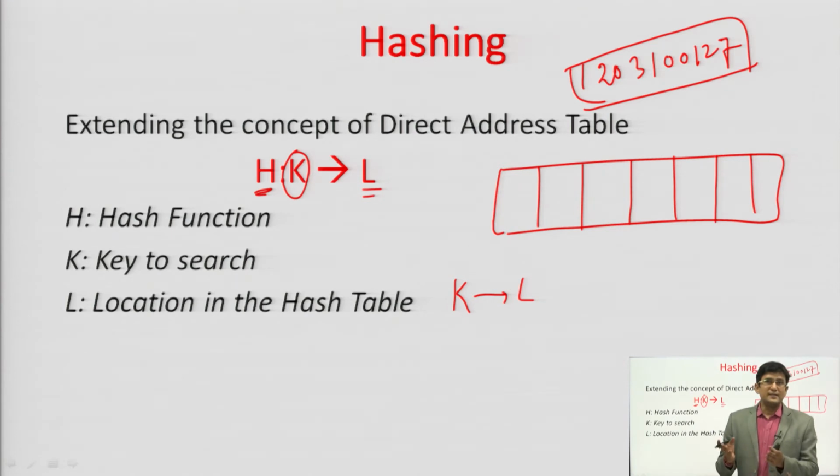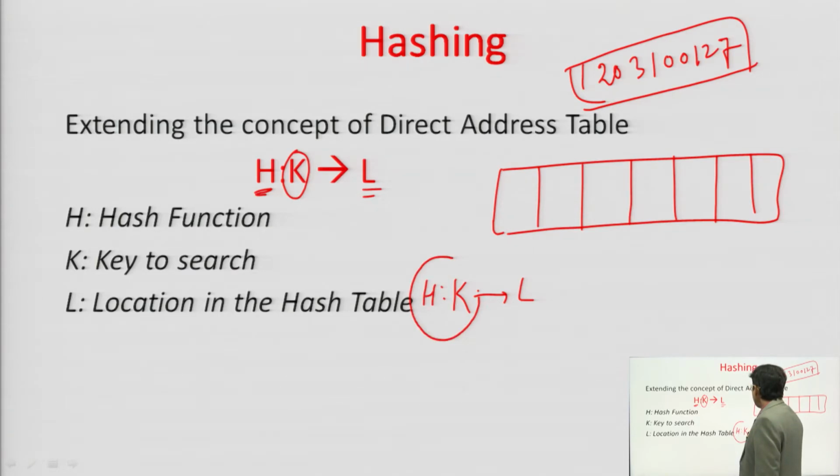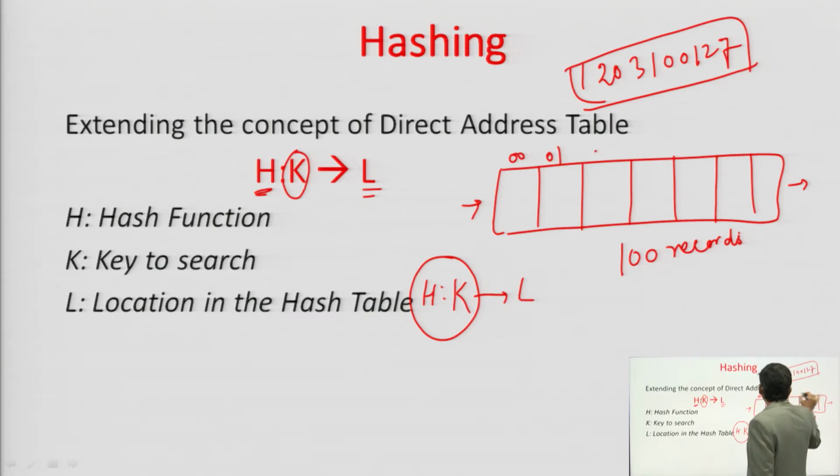So we apply some technique by which this number can be reduced. We apply a hash function on the key, which reduces the number to the size of the table, or the location size of the table. For example, if I have 100 records to be stored in the hash table, the indexes may be from 0 to 99.